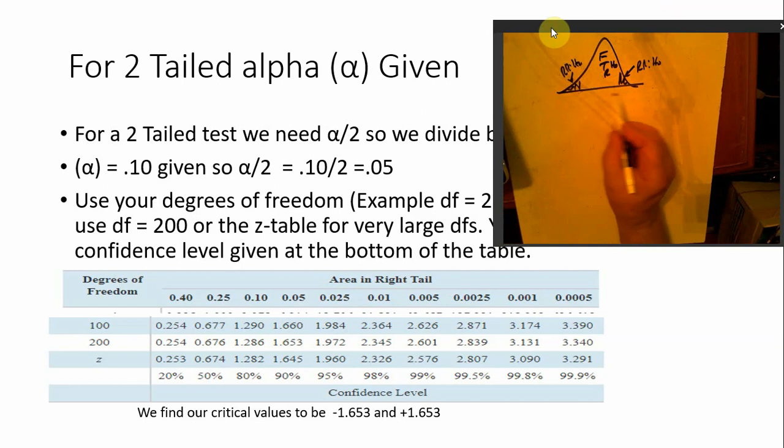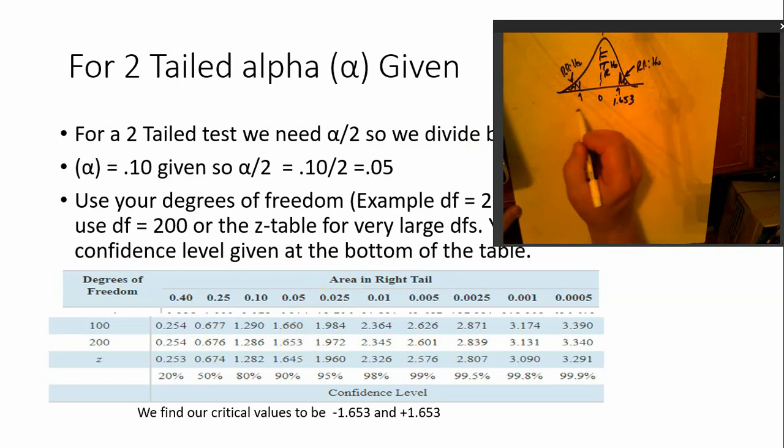So later when I'm doing the test statistic and I plot from the sample, wherever I land, that'll tell me. But here's the breakpoint that I can use to say, am I further to the right or in here? So those critical values for this particular picture would be, if I read it over 200, 0.05 to 1.653, and again, it's a two-tailed, and this would be the minus 1.653.